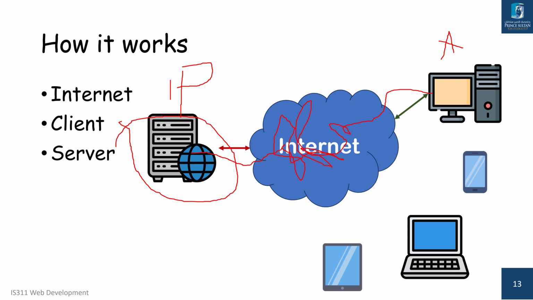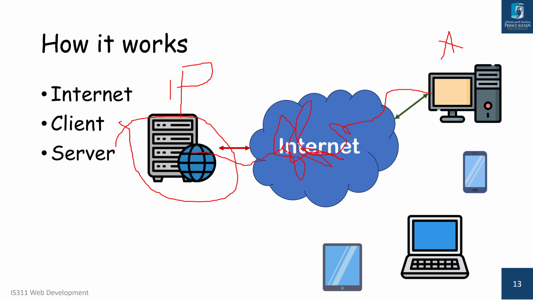A will make a request to the server using the IP address: I want to communicate with you. The server will send back the response: okay, I'm happy to answer your request and establish a communication channel with you. They establish the communication channel after that handshake, and then A will send an HTTP request to the server.